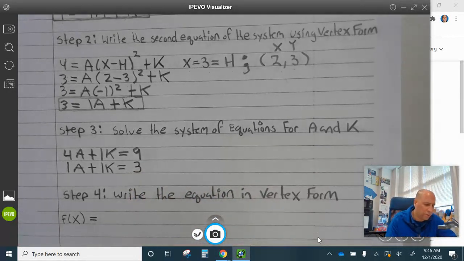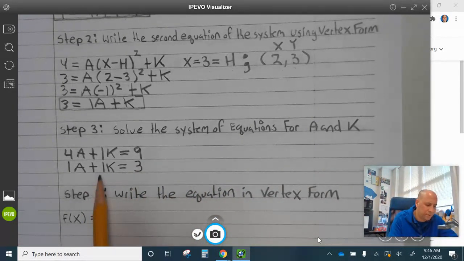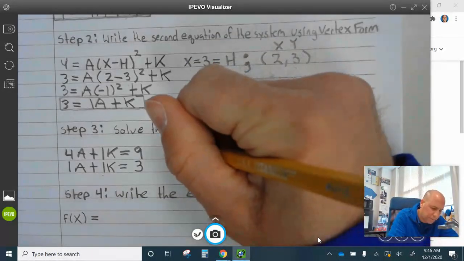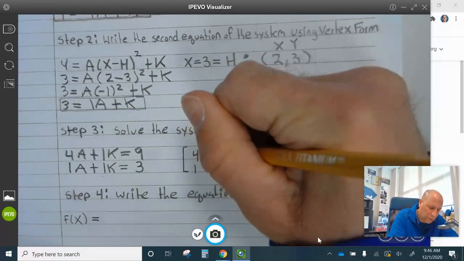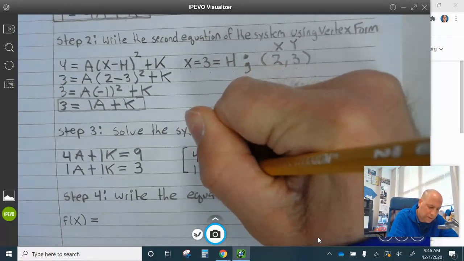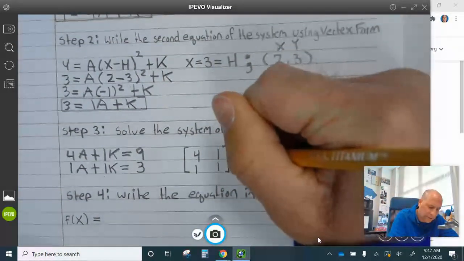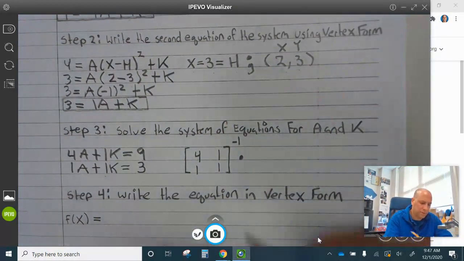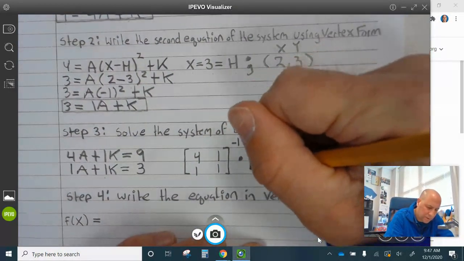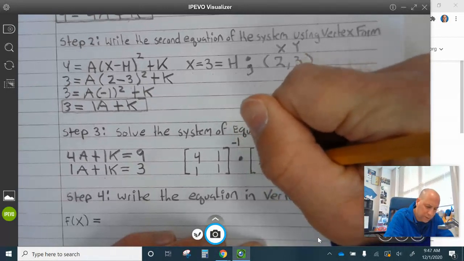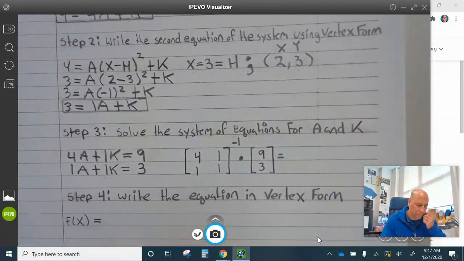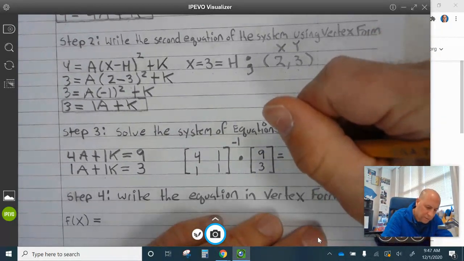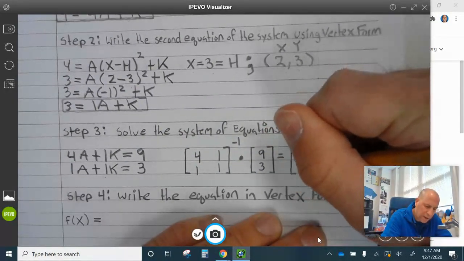Now, we know before that we can solve a system using A inverse B. So we're going to use Desmos and write this as 4, 1, 1, 1 inverse times 9, 3, and that is going to give us the A and K value.